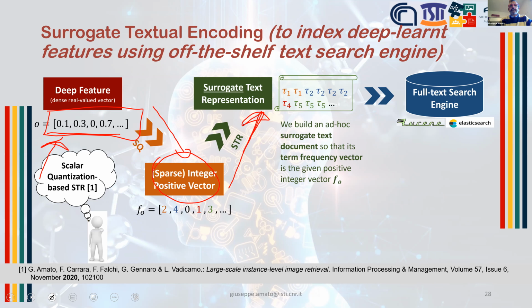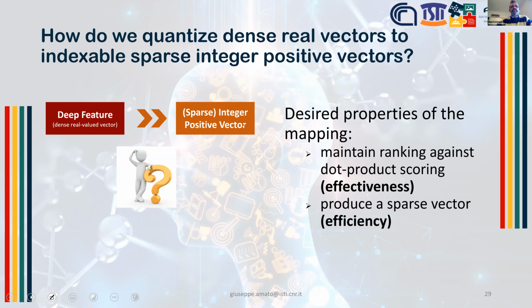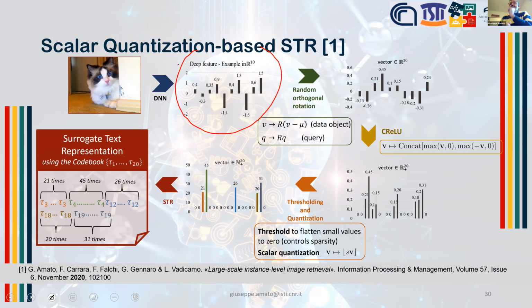So we first need to transform a vector into something that is sparse, and then represent this in a convenient textual representation. So first thing, let's try to move from a deep feature, so a very long vector of numbers, into something which is sparse. In order to do that, we first apply a random orthogonal rotation to the original vector. In this way, we distribute variances much better in the various vectors. And second, we apply a concatenated ReLU on the vector.